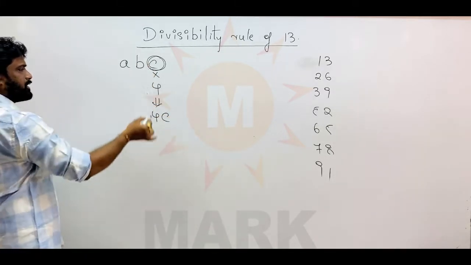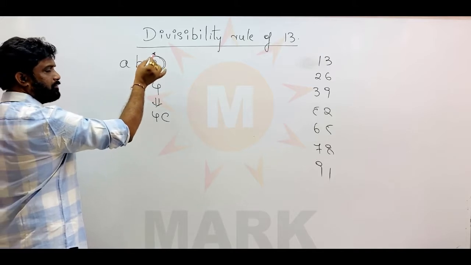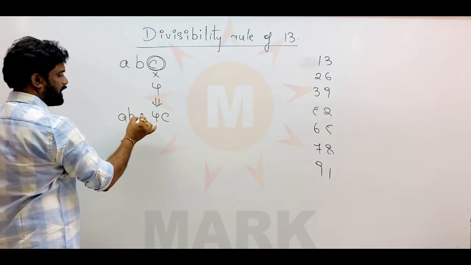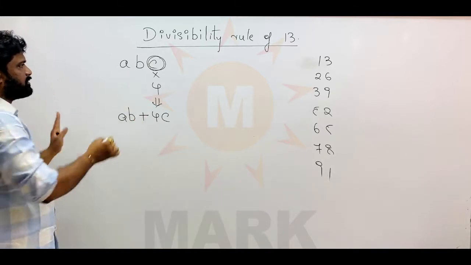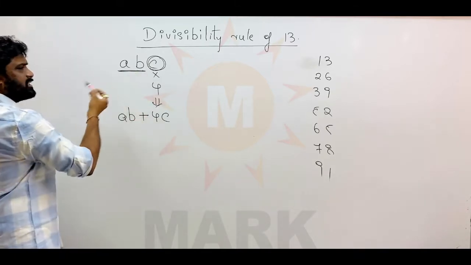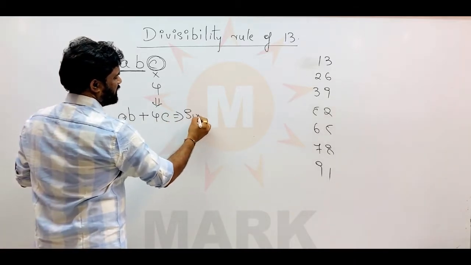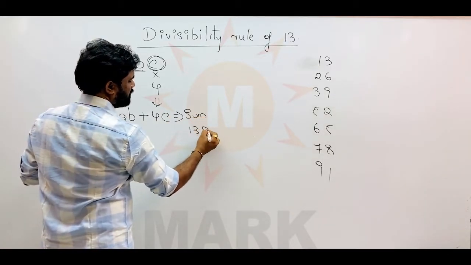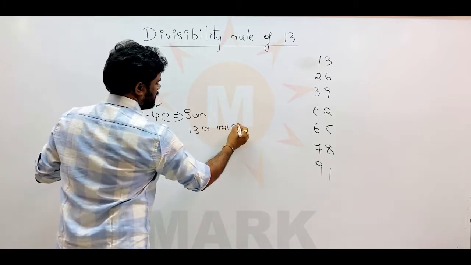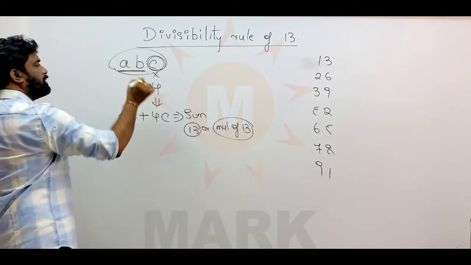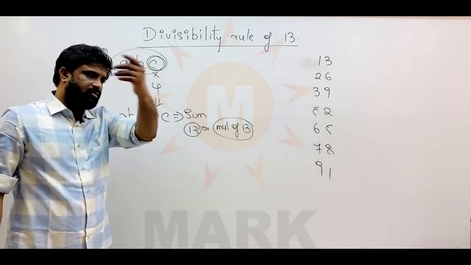Whatever product you get, you have to add it to the remaining number. That means whatever the remaining number is, 2-digit or 3-digit, you have to add it. If that sum is 13 or a multiple of 13, then this entire number is divisible by 13, otherwise it is not.